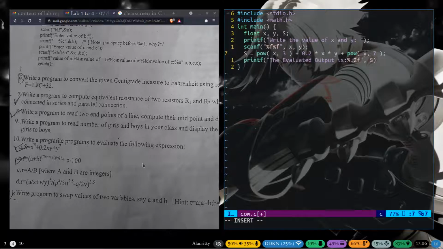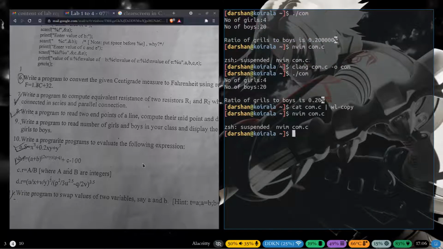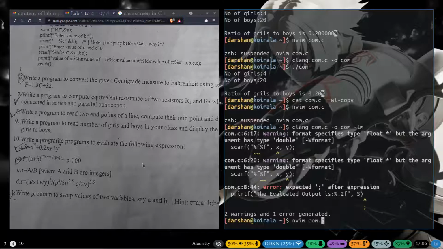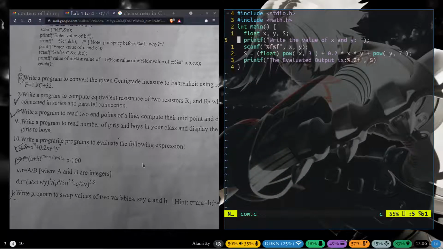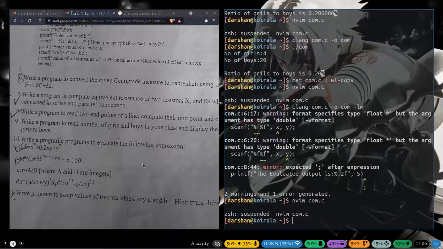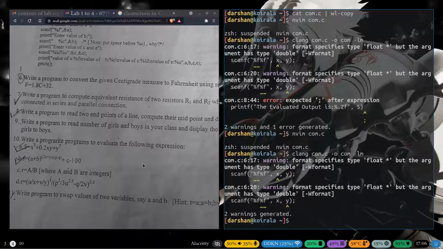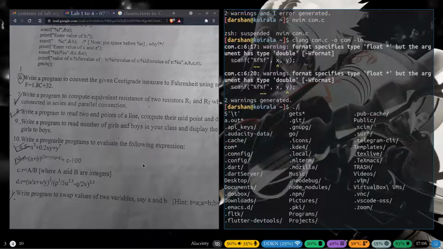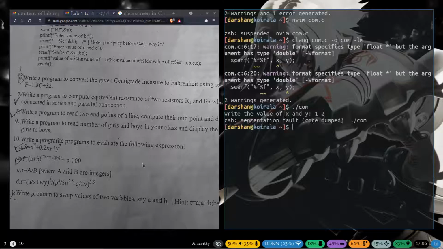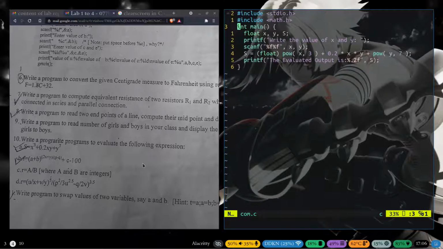s is equal to float. Where the heck is the semicolon? Shit. What the heck is happening?